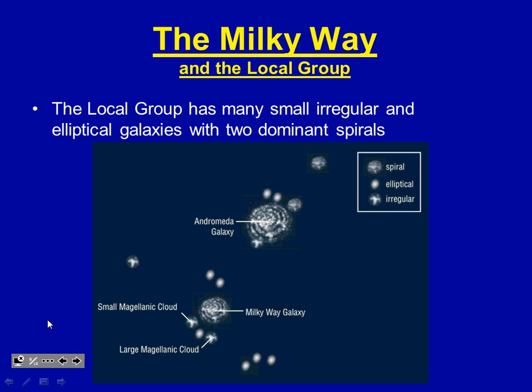So now we zoom out to what's called the local group. We also know, based on distance measurements, and I'm going to talk a little bit about how we measure distances, that there's a little group of galaxies that the Milky Way is hanging out with, the Andromeda galaxy being that one that we seem to be running into, okay?